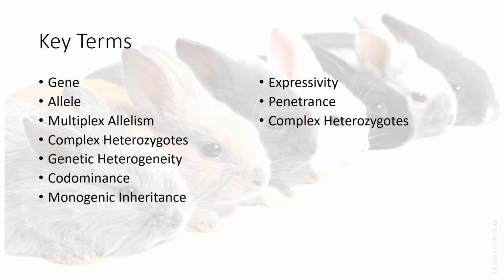Complex heterozygotes, again, are individuals that inherit two different mutated alleles of the same gene. Now, I want to mention it over here because it does oftentimes lead to alterations in Mendelian inheritance.